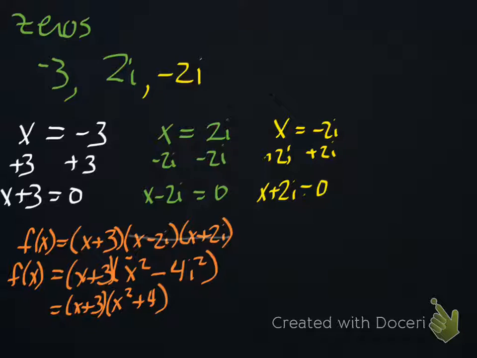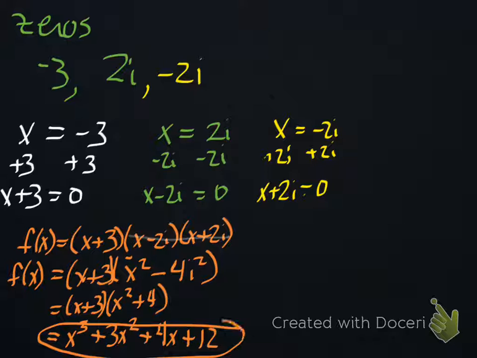And then you use FOIL or the box to multiply that again. So x cubed plus 3x squared plus 4x plus 12. And all I'm doing is multiplying them, making sure everybody hits everybody else. I multiplied the x times each part, the 3 times each part on the other parenthesis. And that's it in standard form.